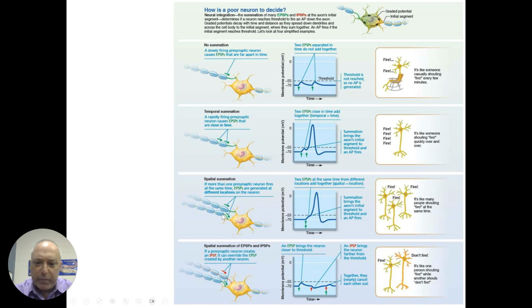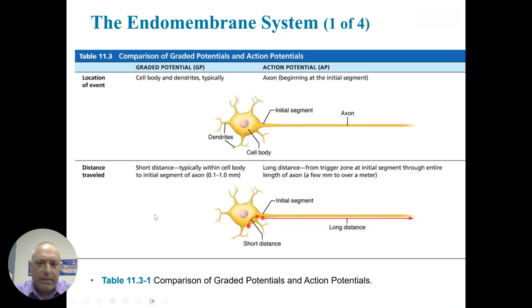There can be spatial summation, where a certain area is allowed to depolarize. So the net effect is the summation of excitatory and inhibitory postsynaptic potentials that, when they achieve threshold, will then activate another action potential.